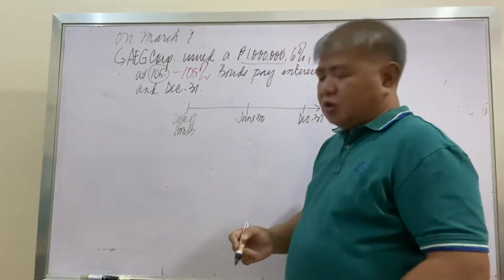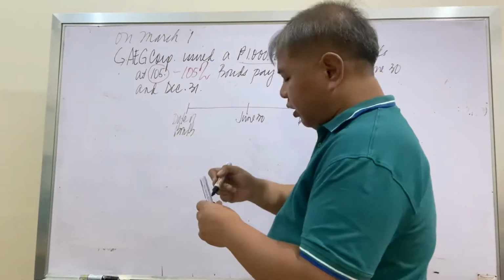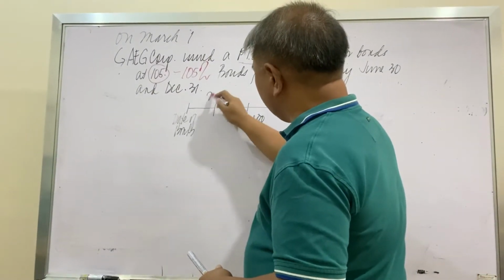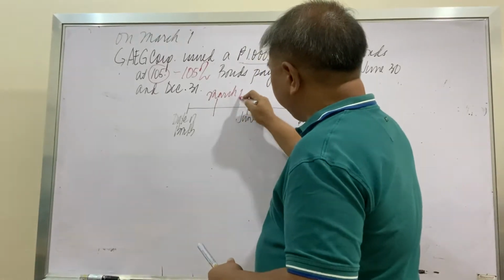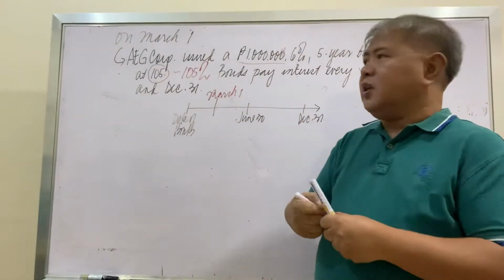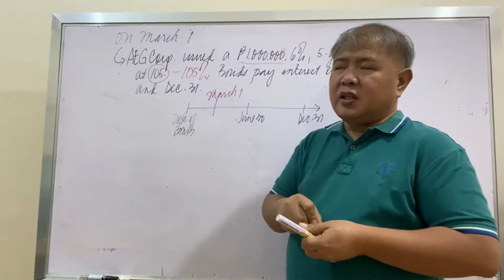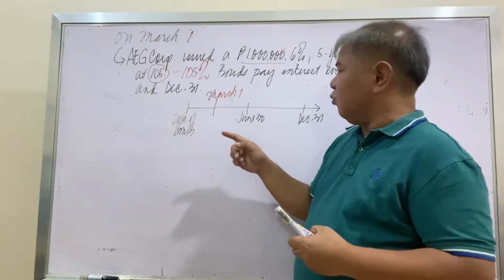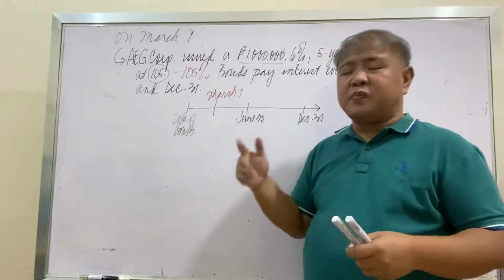So the bonds were issued on March 1. March 1 is actually not an interest payment date; it's in between interest payment dates, because December 31 is an interest payment date.